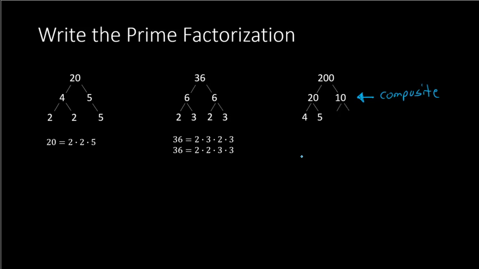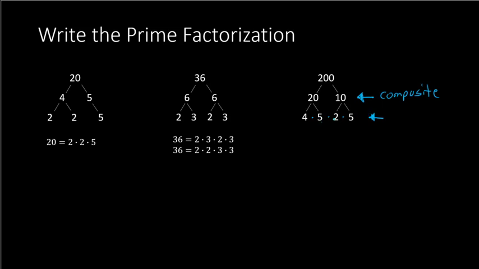We can break that down further as 2 times 5. All right, so what we have now is 4 times 5 times 2 times 5. And if you multiply those together, at this point, it would still equal 200. So now the question is, with this row of numbers, are those numbers prime or composite?